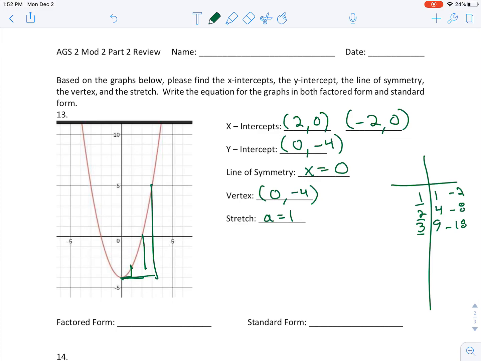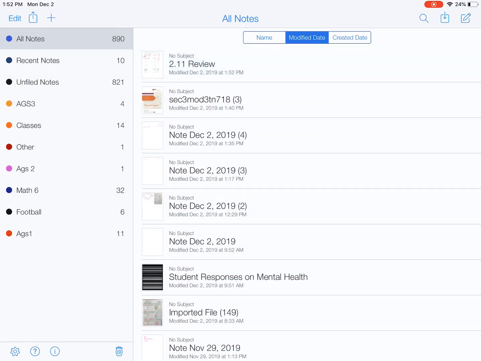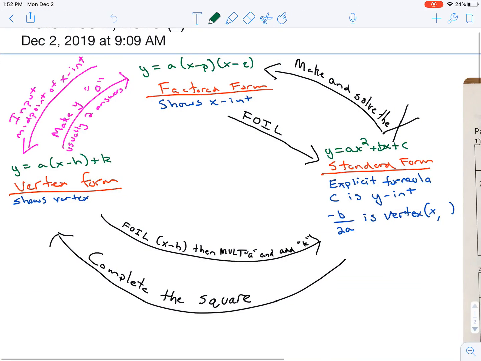Standard form and factored form. Factored form is, so we could go back and look at what factored form is on that thing I drew up. So factored form, that's at the top here, and it is this, where the x-intercepts are p and q.